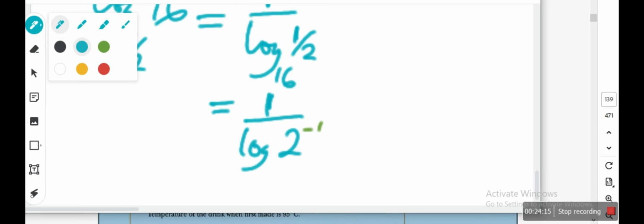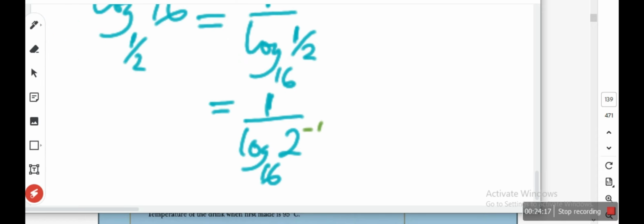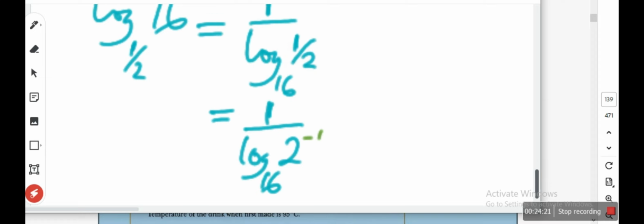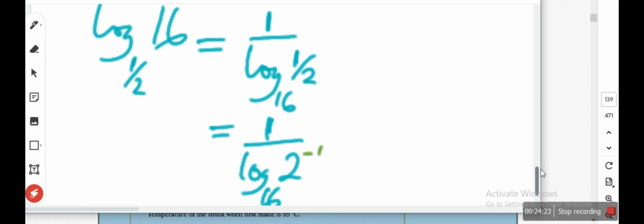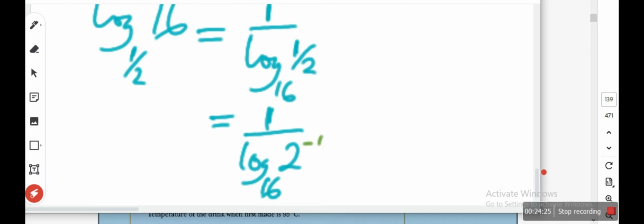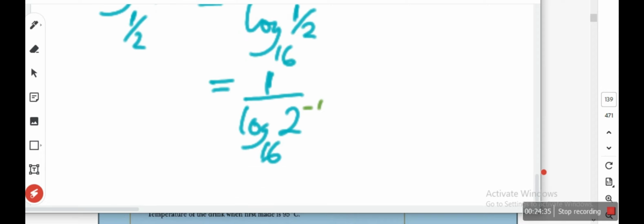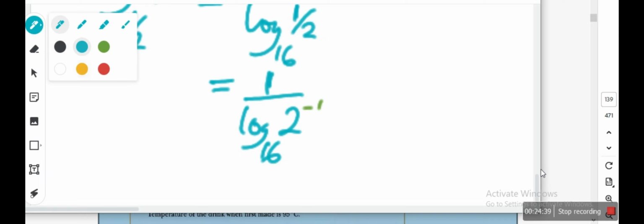Do you know? Yes. Half is 2 raised to the power minus 1, isn't it? Yes. So 1 over log half in base 16 is the same thing as 1 over log 2 raised to the power minus 1 in base 16. Take the minus 1 to appear before the log. That's the power rule.